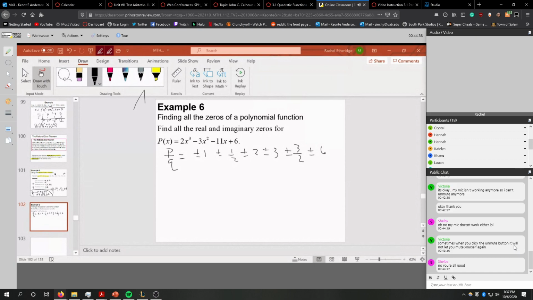All right, so here we are, the P over Q's. We want to take these P over Q's and see if we can find an actual zero. There's two ways to do it, and one is easier than the other. A few slides ago, we did synthetic division and got a remainder. That remainder was the value if we plugged the number into the polynomial.